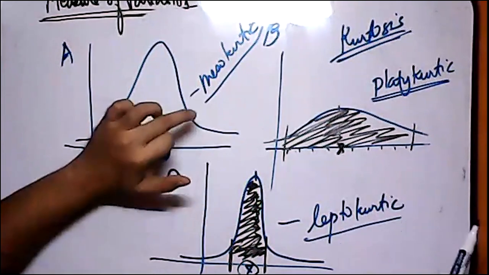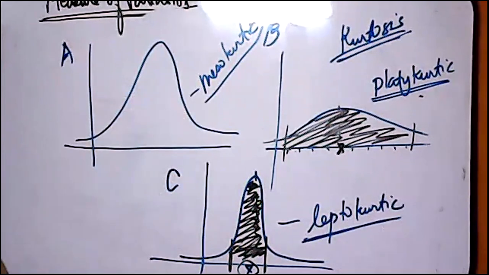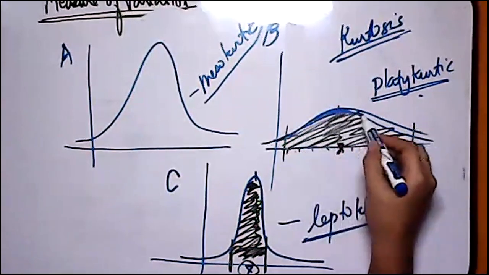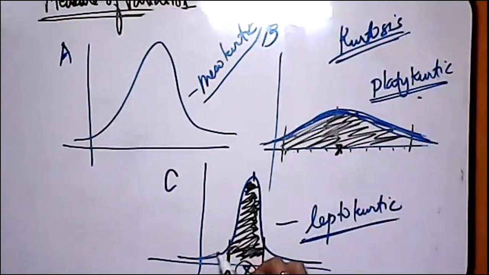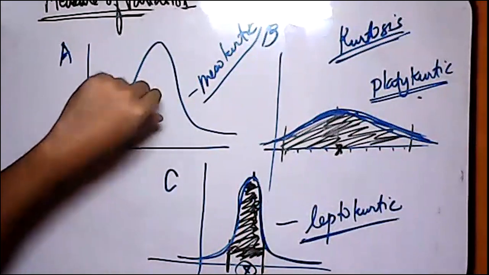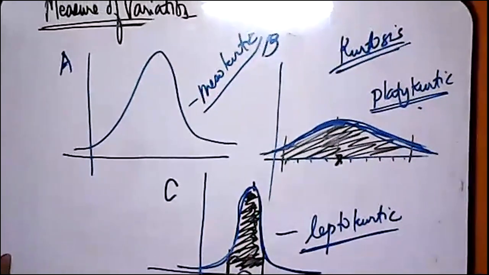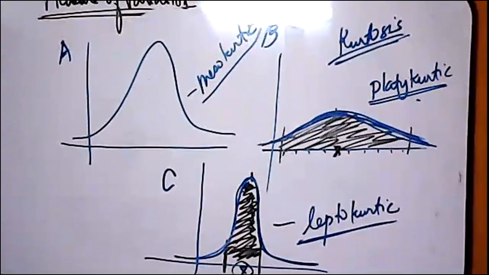So we have mesokurtic, platykurtic, and leptokurtic. Platykurtic is called that because it is flat, our normal curve flattens. While leptokurtic is very tall, our curve is very steep. While mesokurtic is just the normal curve, just a normal distribution, which is why it is meso. Any questions? So that's kurtosis.